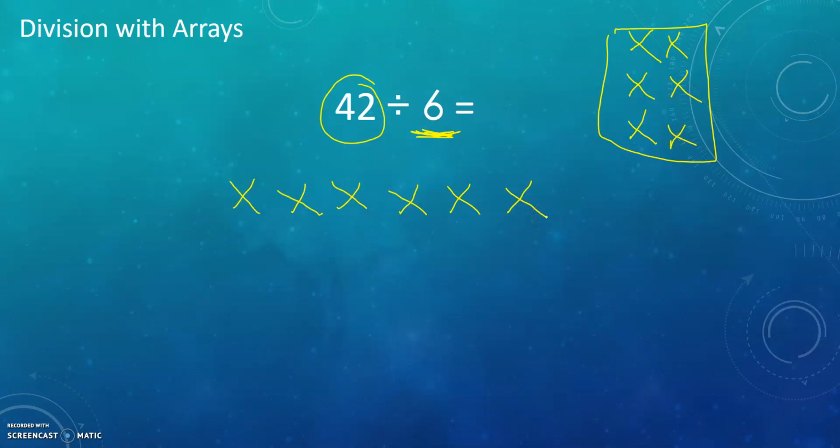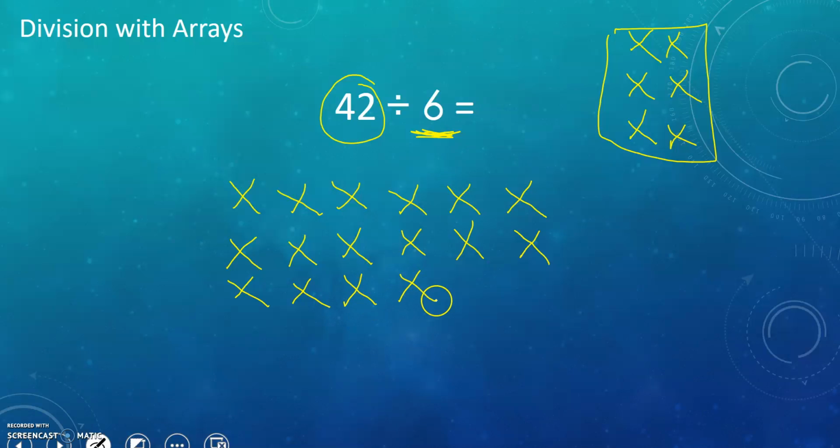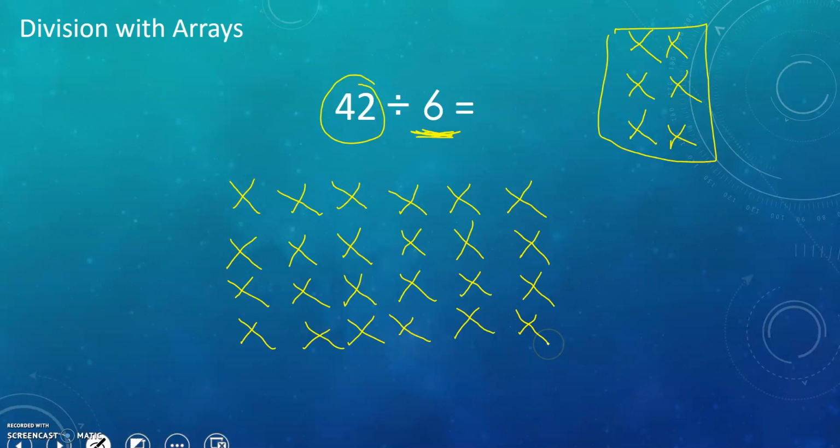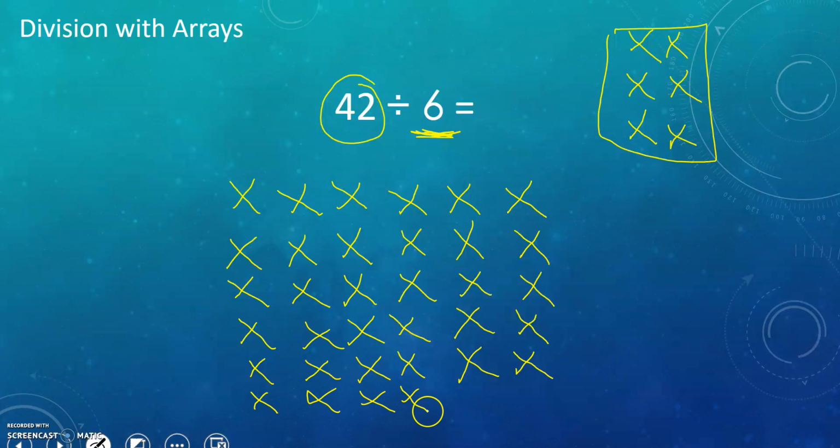I'm just going to keep going and line them up. 7, 8, 9, 10, 11, 12, 13, 14, 15, 16, 17, 18, 19, 20, 21, 22, 23, 24, 25, 26, 27, 28, 29, 30, 31, 32, 33, 34, 35, 36, 37, 38, 39, 40, 41, 42.